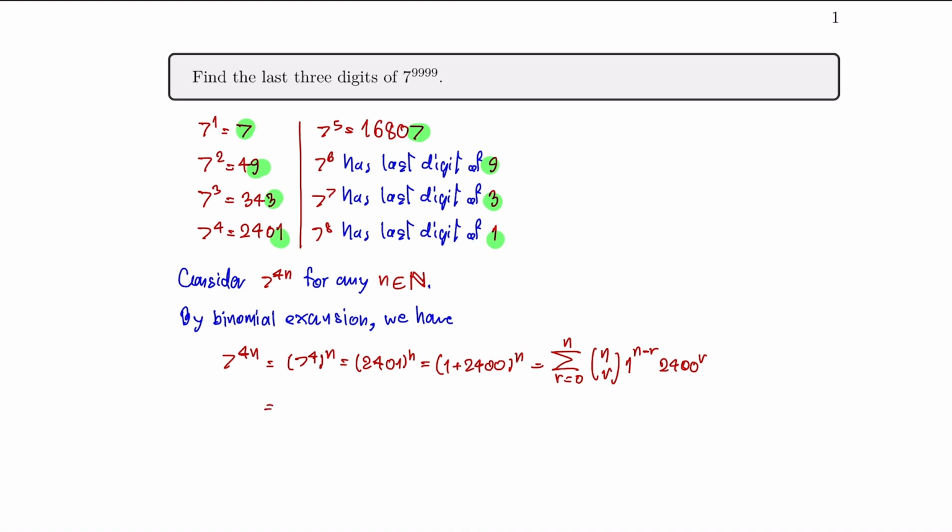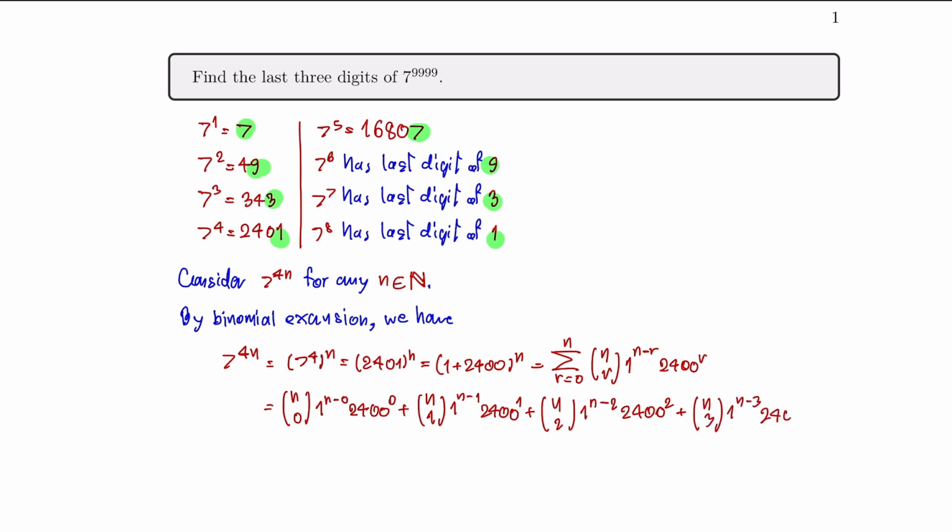Expanded, we have n choose 0, 1 to the n minus 0, 2400 to the 0, plus n choose 1, 1 to the n minus 1, 2400 to the 1, plus n choose 2, 1 to the n minus 2, 2400 squared, and the third one, n choose 3, 2400 to the power of 3, and so on.